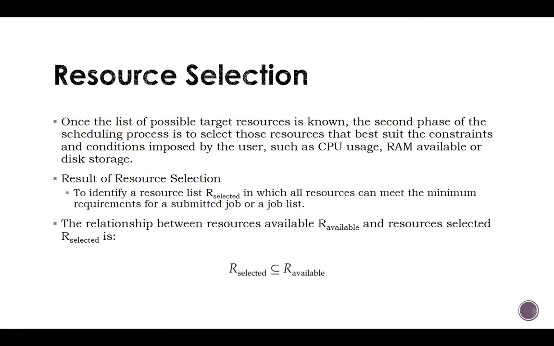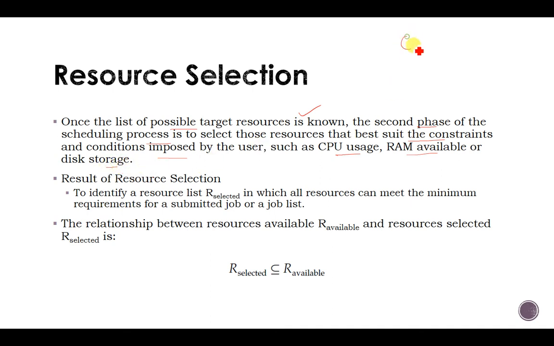Fine. So what happens in the resource selection part? Once the list of possible target resources is known. How do you know this? Because in the previous section we discussed that we have to collect the resources by push and pull models. Then after possible resources have been collected, the second phase of the scheduling process is to select those resources that best suit the constraints and conditions imposed by the user, such as CPU usage, RAM available, or disk storage.